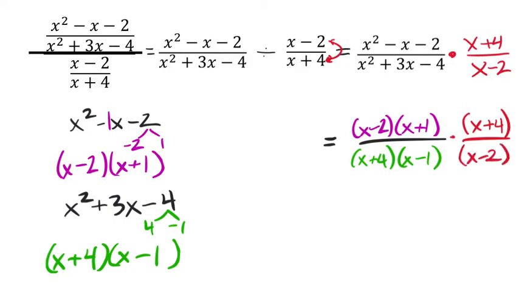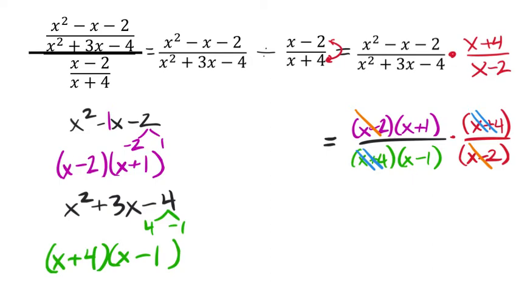Now that we have this, we're looking for any matches in the numerator and denominator. And so I see this x minus 2 in purple matches the x minus 2 in red, not color-wise, but value-wise. And then we also have in the numerator an x plus 4, put 2 marks through that, in red there. And then in the denominator, we have an x plus 4 in green.